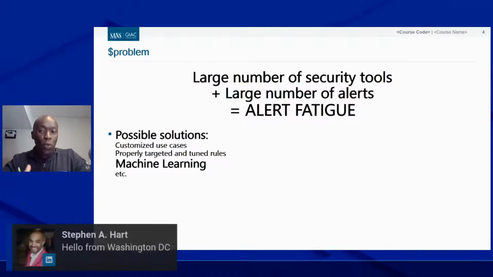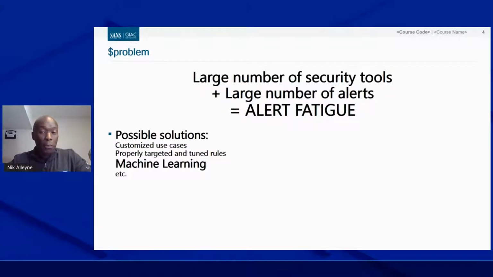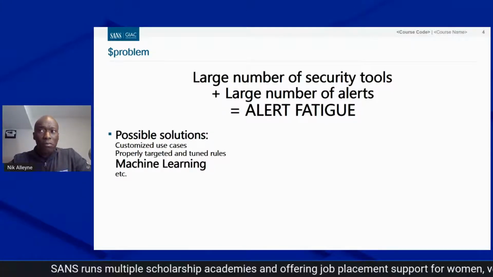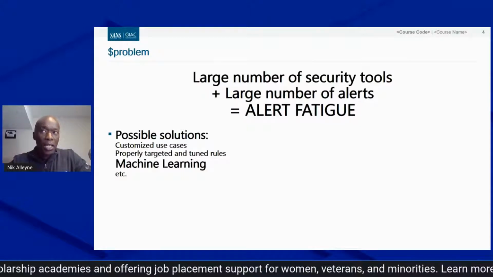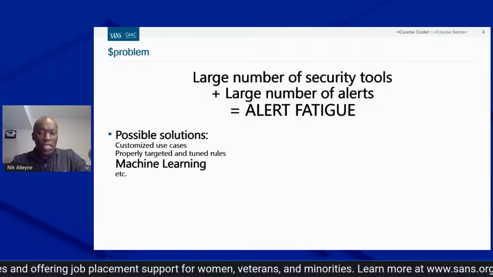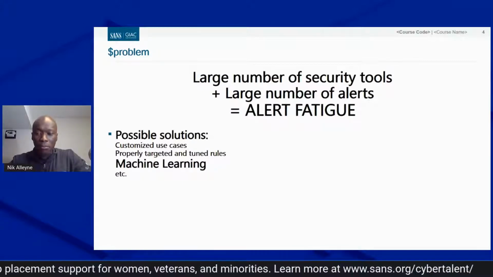We are just looking at one possible solution today. For example, if you are writing rules, or if you're developing specific use cases, you might want to ensure those use cases are targeted to your particular problem or to your particular signature. At the same time, you can ensure those rules are effectively tuned. But for today, we'll just look at using machine learning as a solution to this problem.